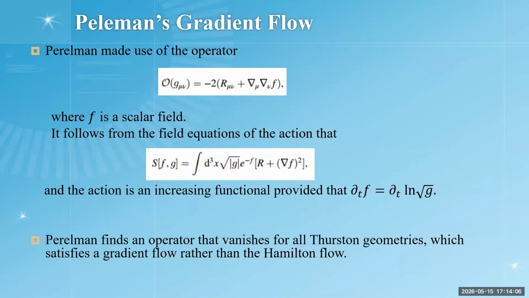Perelman's achievement was that he showed all 8 kinds of Thurston geometries are described by solutions of this equation. Perelman found an operator that vanishes for all Thurston geometries, which satisfy the gradient flow. This is called gradient flow, not Hamiltonian flow. Of course, if we just ignore this one, then there is Hamiltonian flow. But if you include the scalar field, that is called gradient flow.